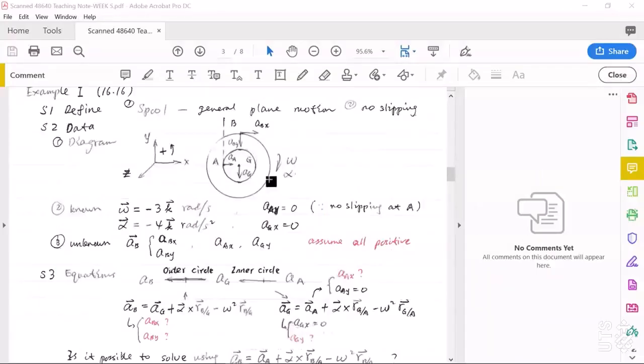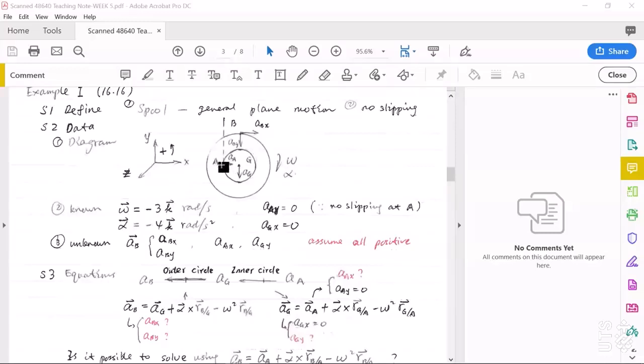We define this problem: this spool is undergoing general plane motion and no slipping at point A. So we can have a kinematics diagram. We defined a conventional coordinate system, and in this diagram omega and alpha are both already known and clockwise. According to this coordinate system, omega and alpha should be negative.